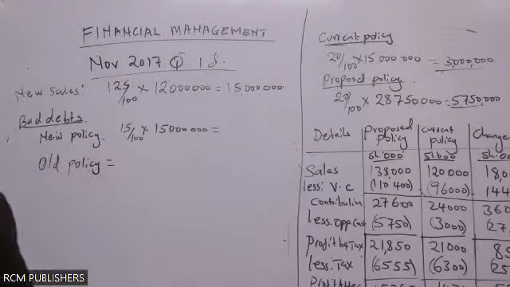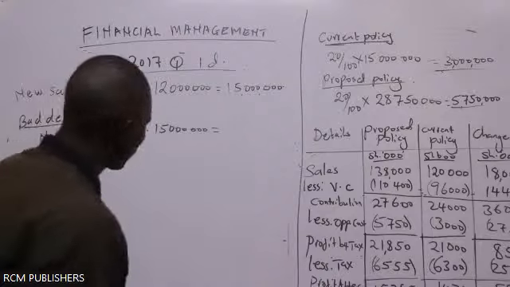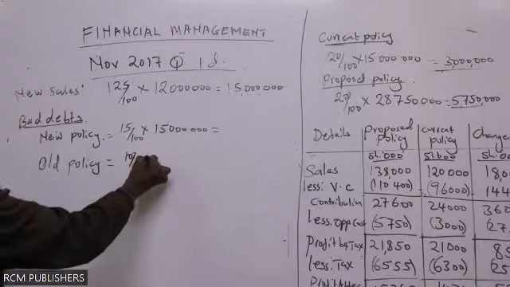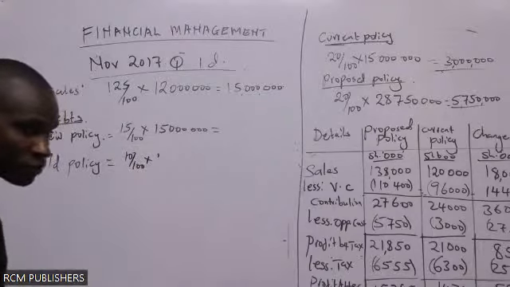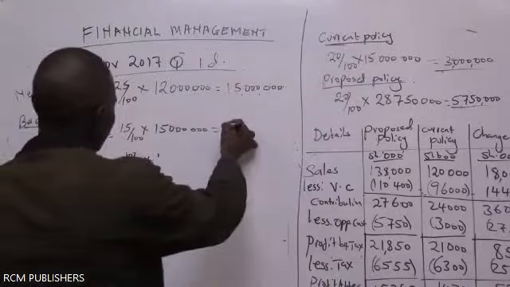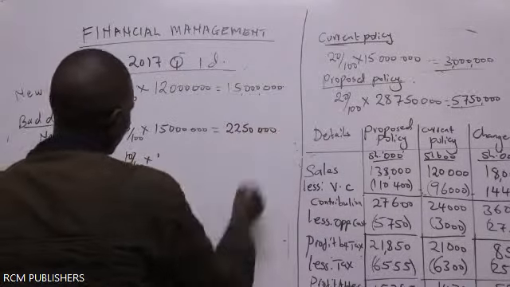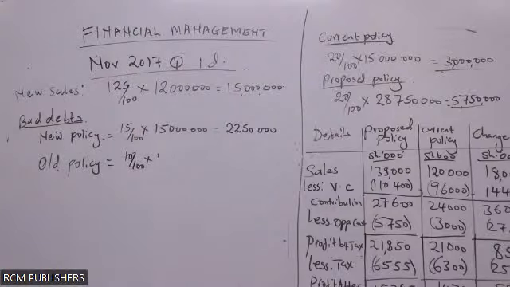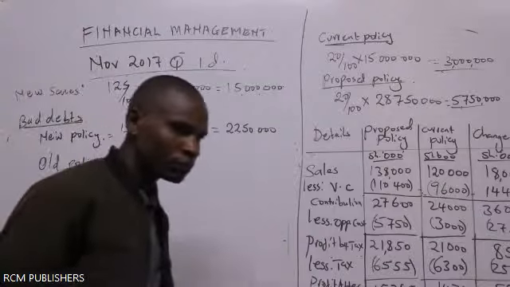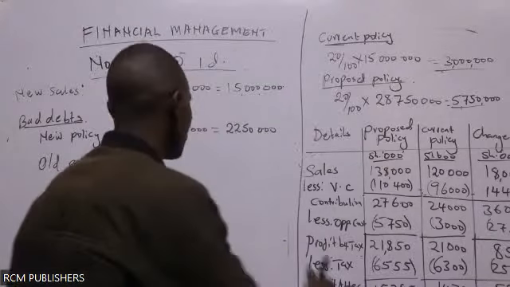So if I use those names, please don't get confused. The other one, bad debt will be how much? 10% of the 12 million sales is 250,000. Now we need to get the other one. It's still 15 million.